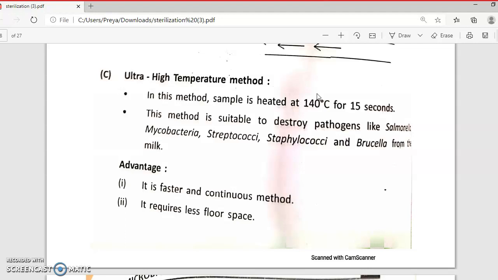It is a pasteurization method, but sometimes you have to use this method for heat resistant microorganisms, right?